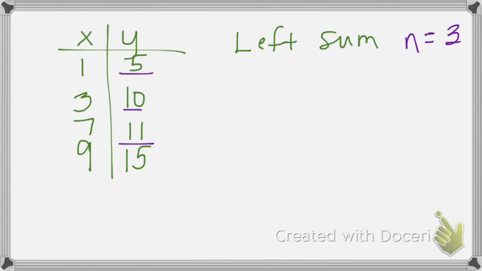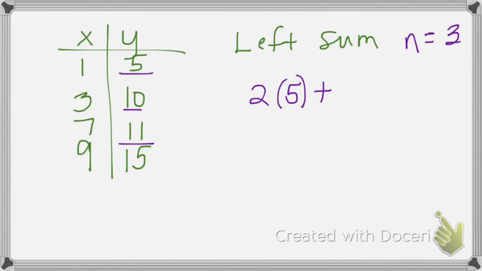Because there's going to be a rectangle that's 5 high, there's going to be a rectangle that's 10 high, and a rectangle that's 11 high. And we're not going to use the 15 because 15 would have been on the right. Okay? So the rectangle that is 5 high, how wide is that rectangle? 2, because we're going from 1 to 3. So the rectangle is 5 high, and it's going from 1 to 3. So it would be 2 times 5.